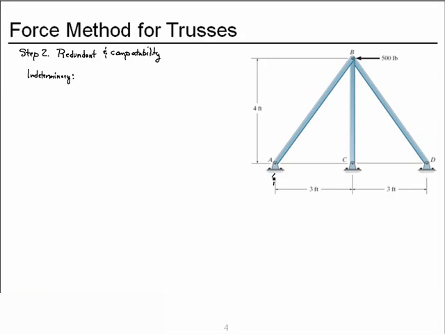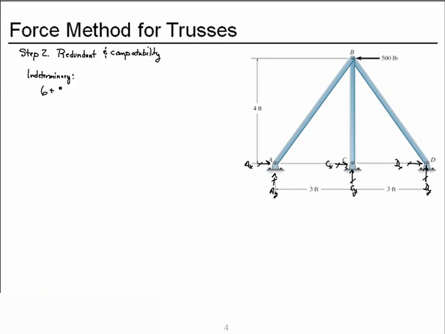We have unknown reactions at A, C, and D. So there are 6 unknown reactions.